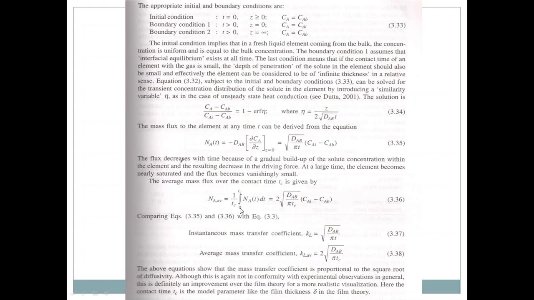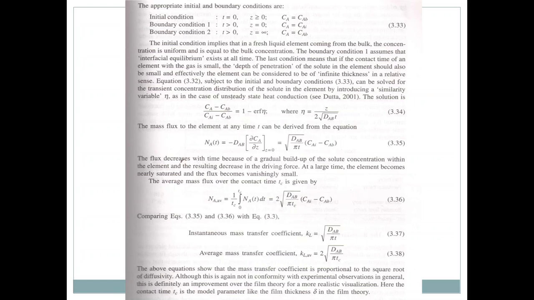Averaging over contact time from 0 to tc, 1 by tc integral of NA dt, it will be 2 root over DAB by pi tc into (Ci minus CAb). So the instantaneous mass transfer coefficient kL equals root over DAB by pi t, and the average mass transfer coefficient kL average equals 2 root over DAB by pi tc.